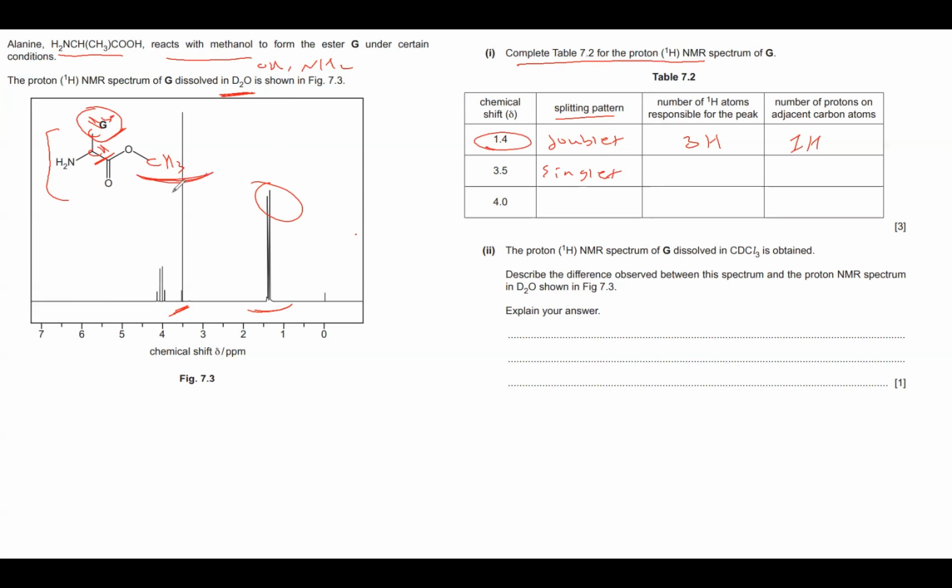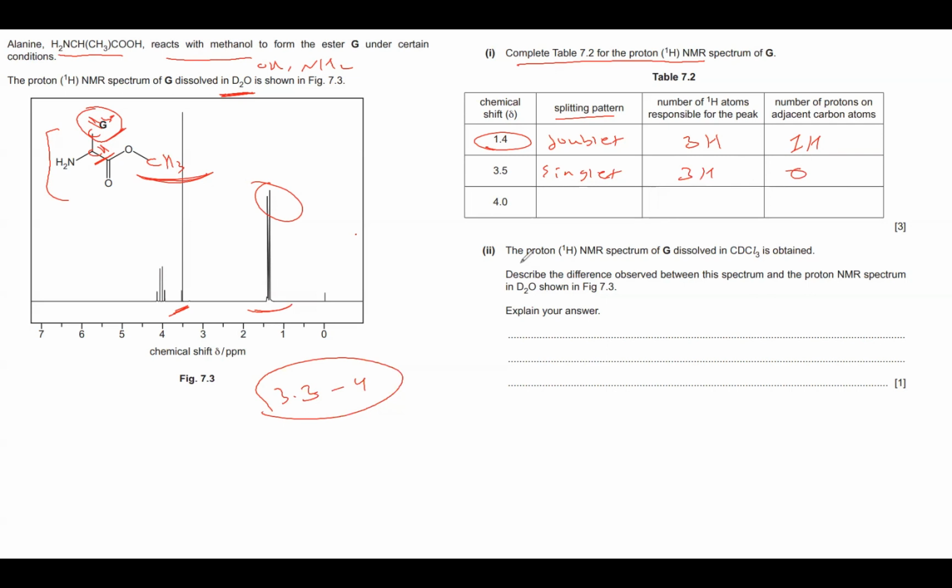Whenever we have something between 3.3 to almost 4, the carbon of the hydrogen is 99% connected to oxygen. So whenever we have this, we have connection with the oxygen atom. That's why here we will have 3 H's and the adjacent hydrogen atoms 0.